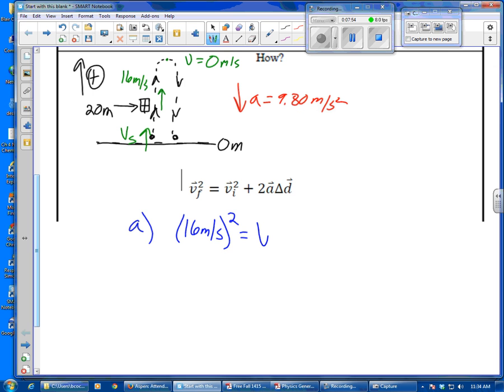My V initial, that's my Vs, which I don't know, squared, plus 2 times my acceleration. My acceleration's down, so that's negative 9.80 meters per second squared. Oh, the 16, I better make that positive, right? Because it's upwards. I've got to keep my signs in there. And then my delta D goes from 0 to 20, so that's positive 20 meters.